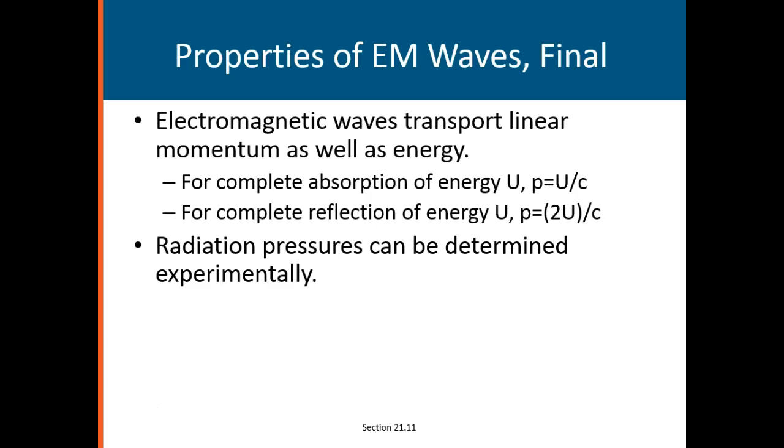For complete reflection of energy, then you have P equal to 2U divided by C, because it goes in and comes out. Radiation pressures can be determined experimentally. How much, and this is true, how much that radiation is hitting on, say, our atmosphere, and how much pressure that exerts on the atmosphere and us as a planet as well.